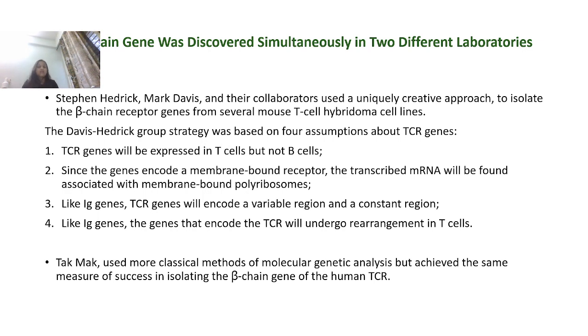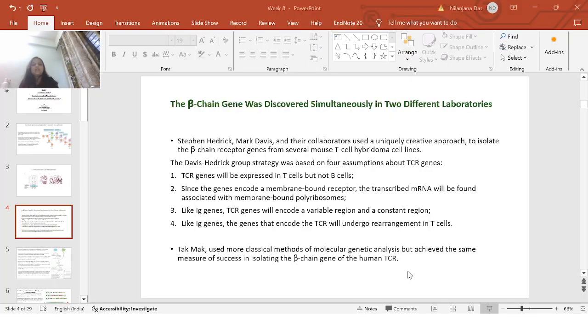Whoever can work fast and publish will get more credit compared to the other people. It is not like everyone is working on a unique problem. Like here, two groups simultaneously discovered the beta chain gene of the human TCR.